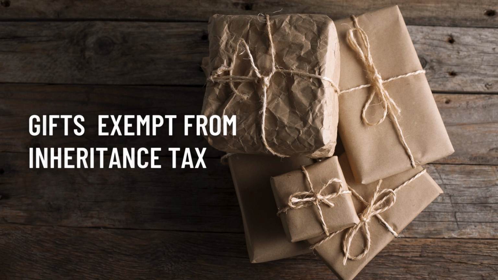The executors or PRs, or personal representatives, if you want the full expansion, must transfer the first spouse or civil partner's unused inheritance tax threshold or nil rate band to the second spouse or civil partner when they die. That assumes, by the way, the entire estate is gifted across. Gifts that are also exempt from inheritance tax is what I'm going to look at next.